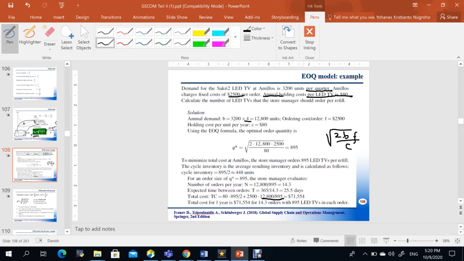All right, and then we have 71,554, and the total cost is 71,554 for 14.3 orders with 895 LED TVs each order. All right, that's the total cost.